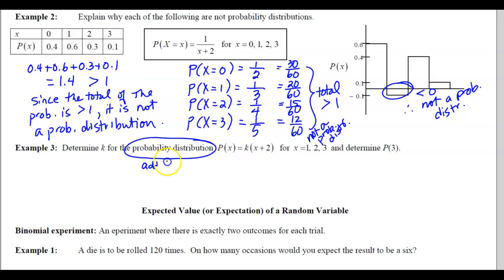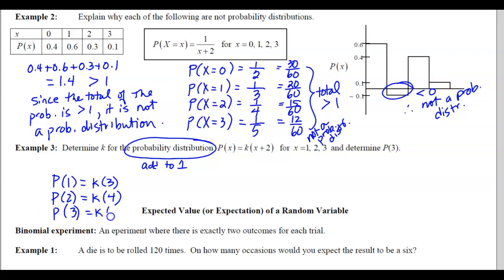So P of 1 is going to be K times 1 plus 2, which is 3. I'll just put that in right away. P of 2 will be K times 4. P of 3 will be K times 5.